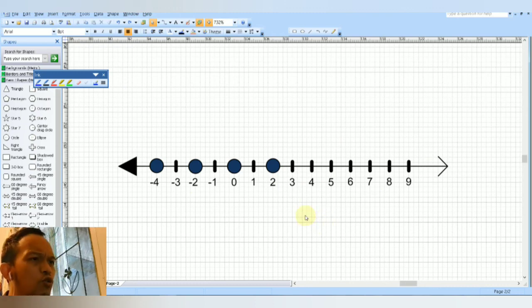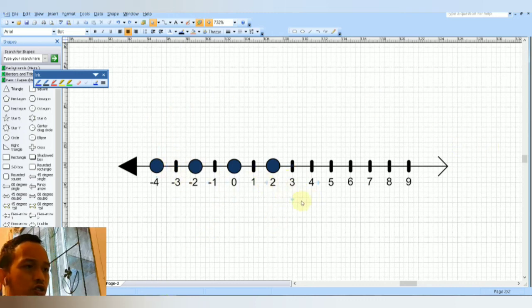So you don't have to force yourself to show the 3 as the border. As long as you present all solutions of your inequality on your number line, that's enough. You don't have to put a closed or open circle or anything to show that 3 is the border.